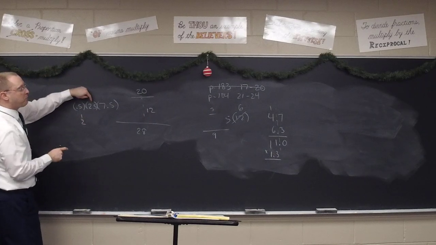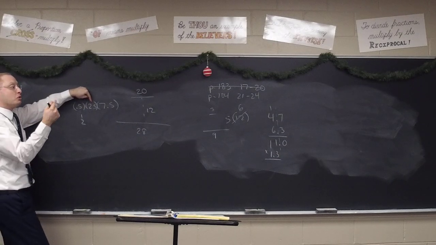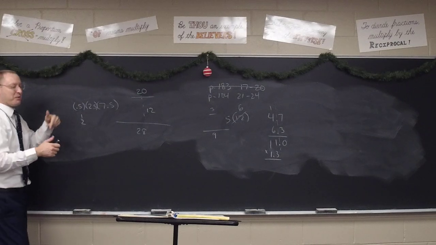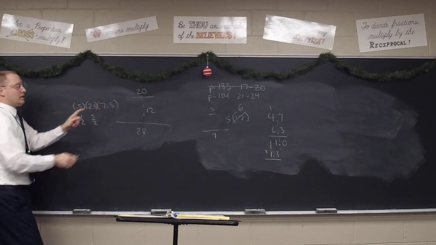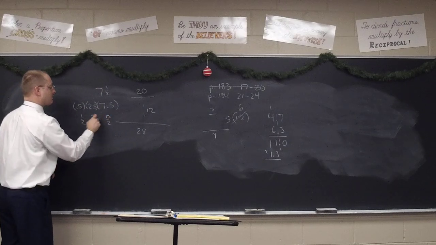Follow? 2.5 as an improper fraction is what I was going for, I'm sorry. 5 halves, right? 7.5 as an improper fraction means 15 halves.